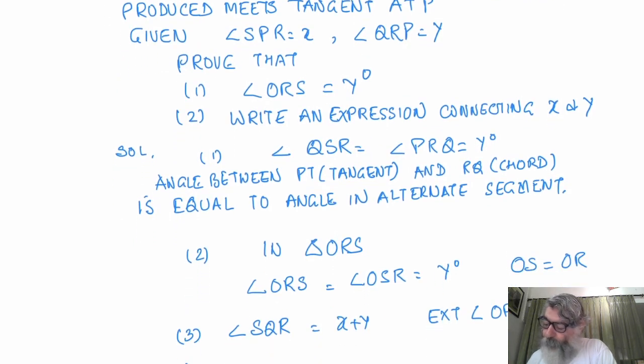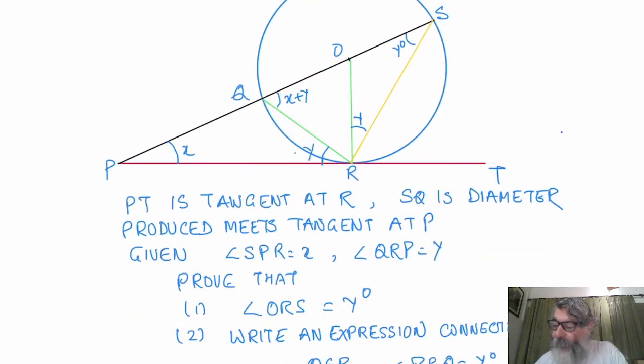Angle QRS is 90, because the angle in a semicircle is always a right angle.